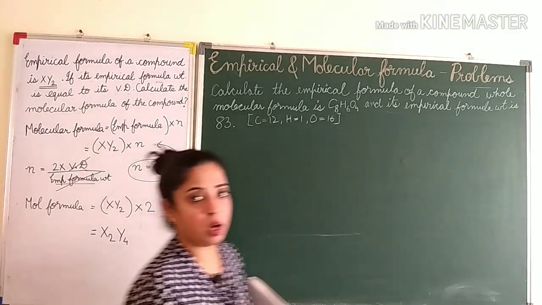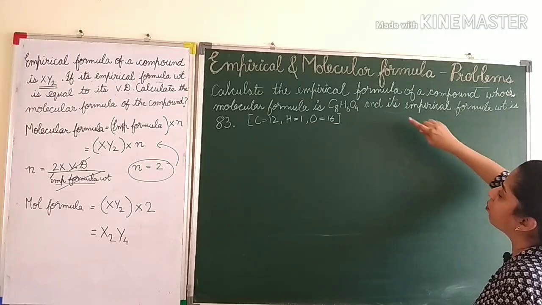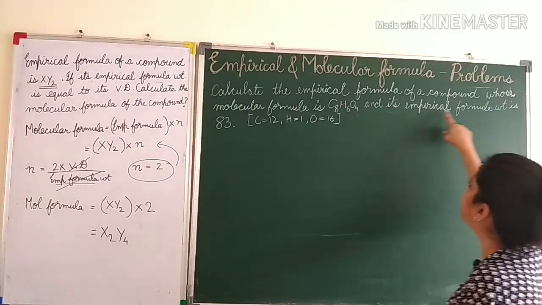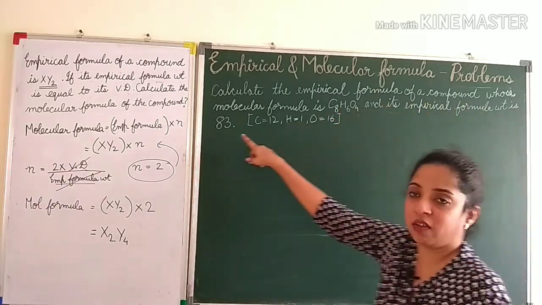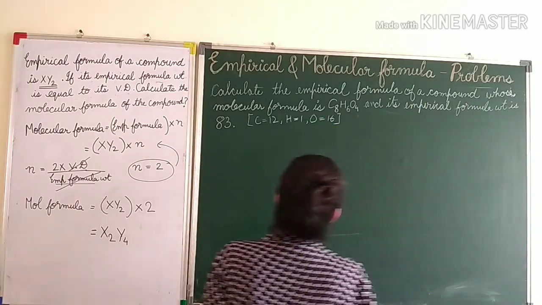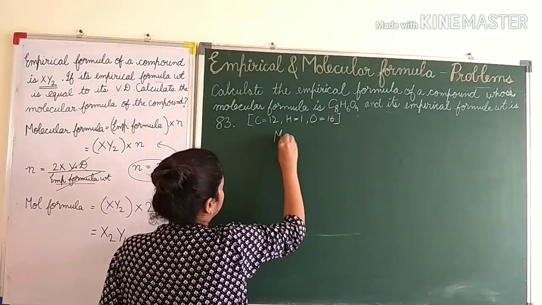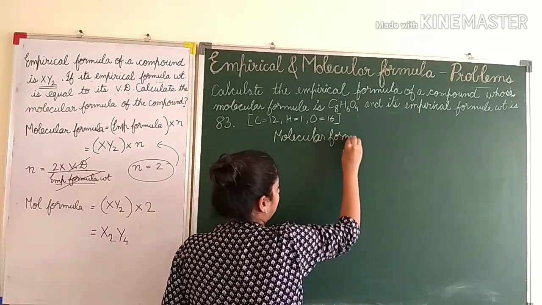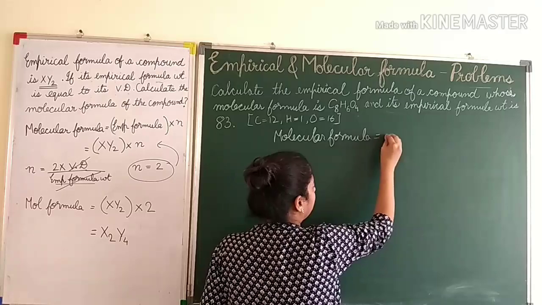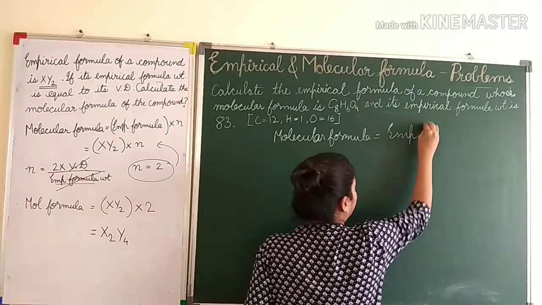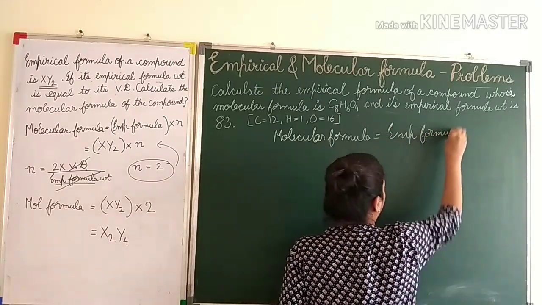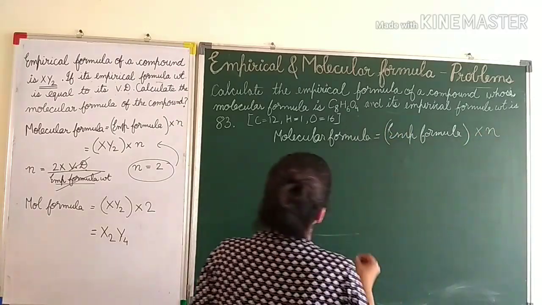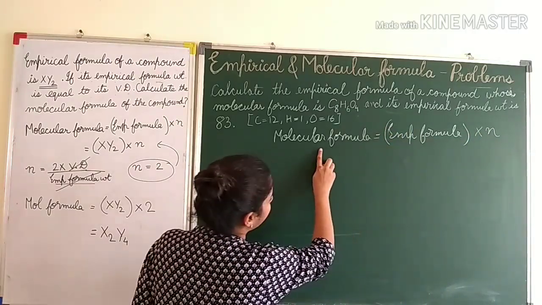Now let us go here and read this sum. Calculate the empirical formula of a compound whose molecular formula is given and its empirical formula weight is also given, that is 83. So we know that molecular formula is equal to empirical formula into N. Now they have asked for the empirical formula, and they have given the molecular formula.